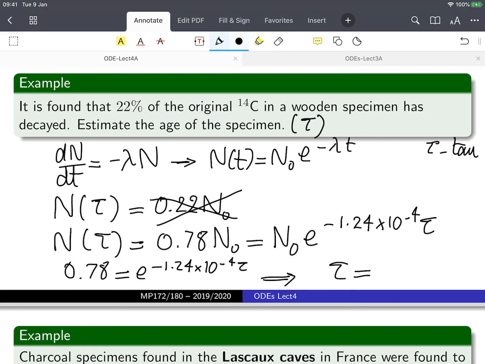Syntax error. That's not good. Too fast. Syntax error. What? You guys are better than me. Oh yeah.